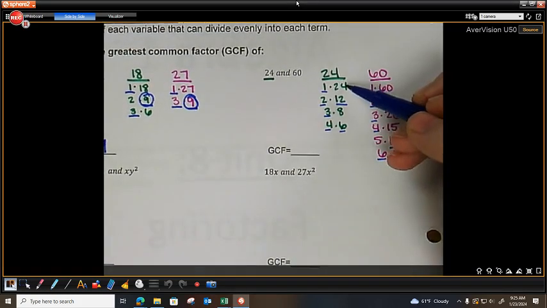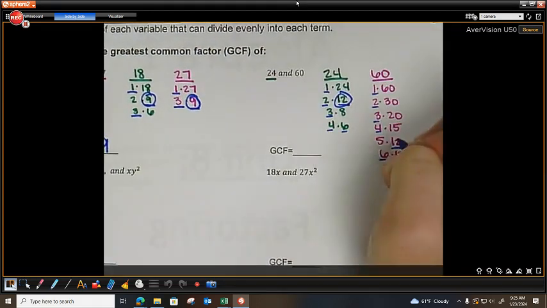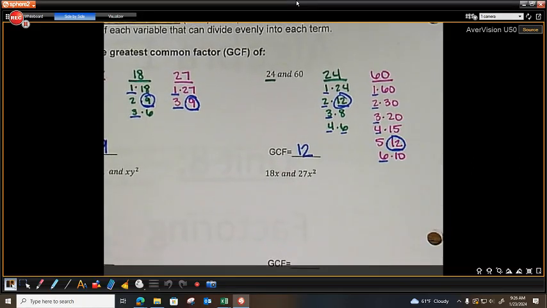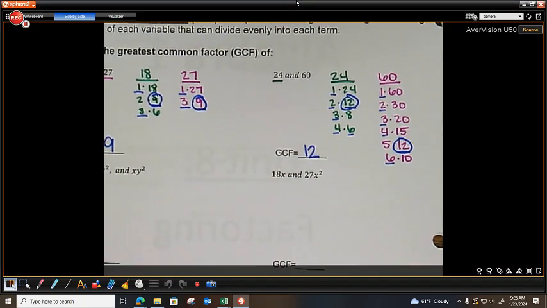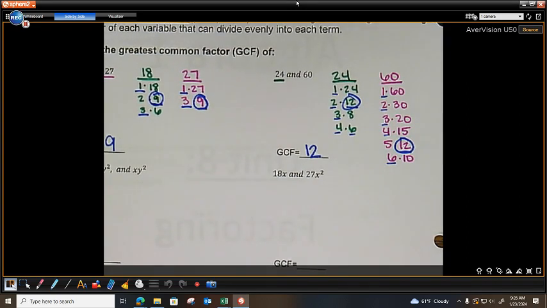Are they both divisible by 24? No. So what's the largest number on both lists? There is your GCF. Done. Good? That's nothing new. I might have showed you a different process or a different method on how to do it, but you have found GCF before.